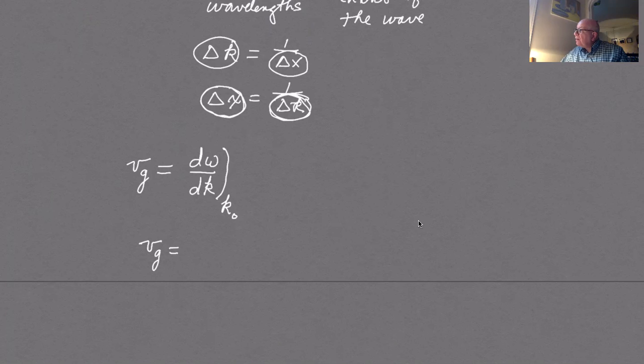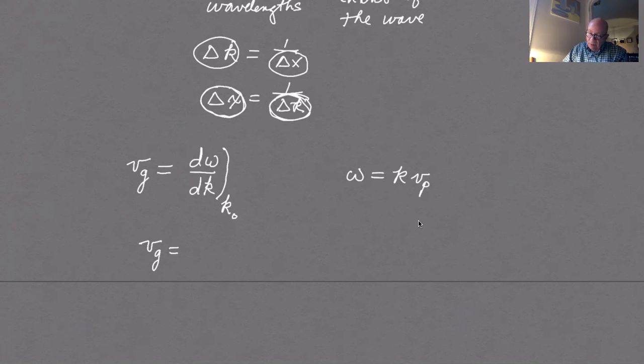Okay, and so we have that omega is going to be equal to k times the phase velocity for a particular wave.